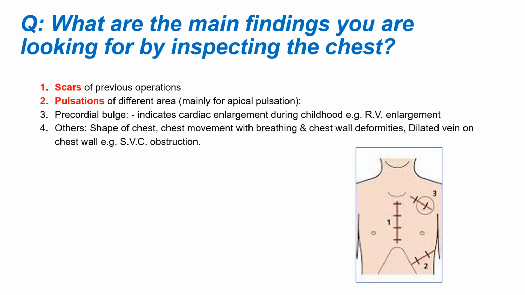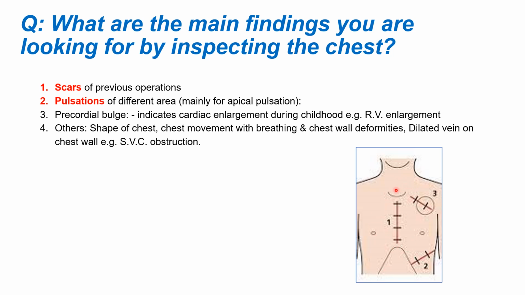First, by inspection, it's very important to check for scars, because this is very important in cardiac patients. The main scar we want to look for is this one, called the median sternotomy scar.